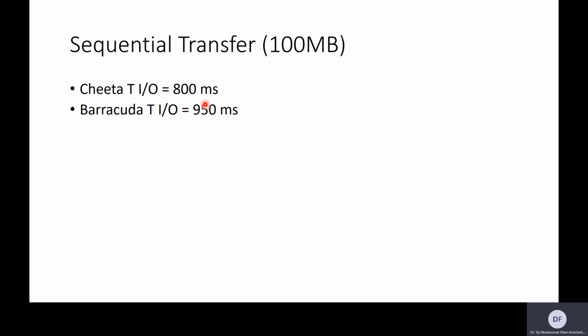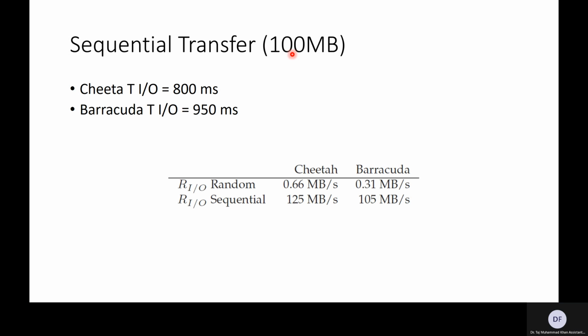T-seek and T-rotate will remain the same, only T-transfer will change because we will be transferring a large amount of data. This size divided by the transfer rate will give us T-transfer.